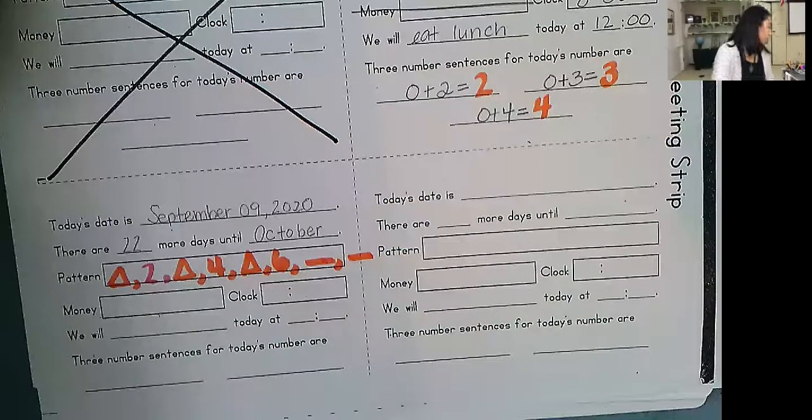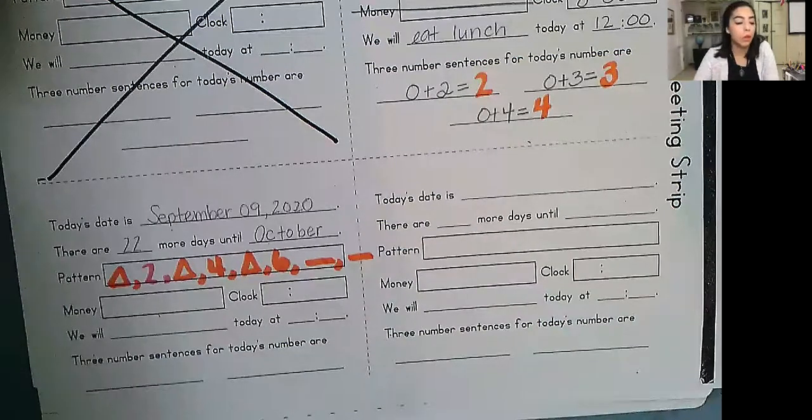Give you some time. If you need more time writing it down because you're writing it in your best handwriting, go ahead and pause right now so that you can copy it down. If you've copied it down already, let's continue.